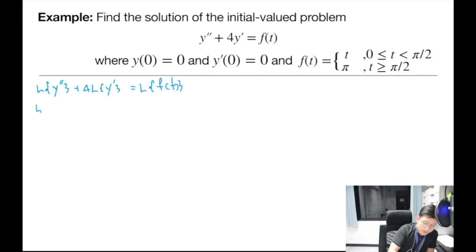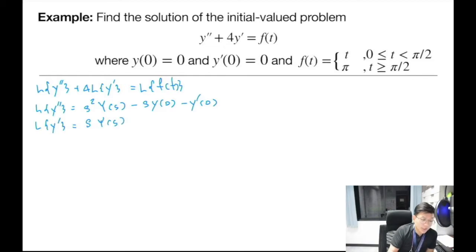And the Laplace transform of y double prime, we have written it twice already, so you should be able to know it. That is s squared Y(s) minus s y(0) minus y prime(0). And the Laplace transform of the first derivative would be s Y(s).